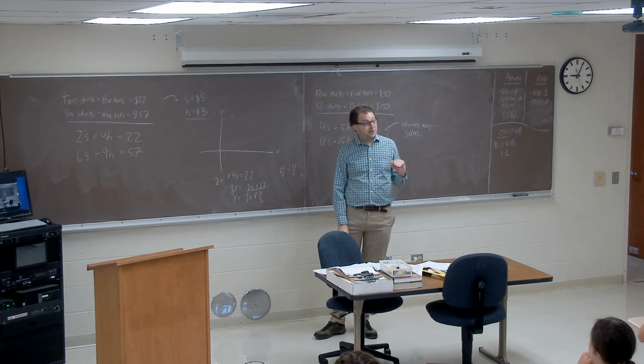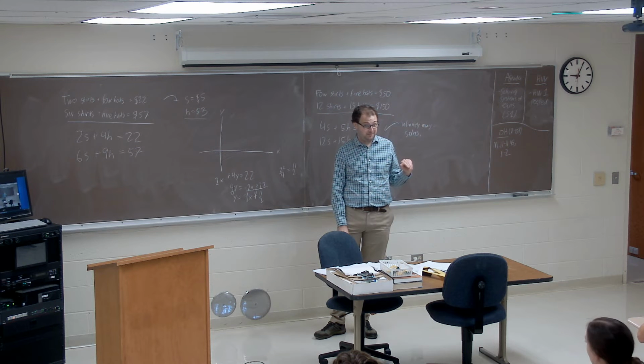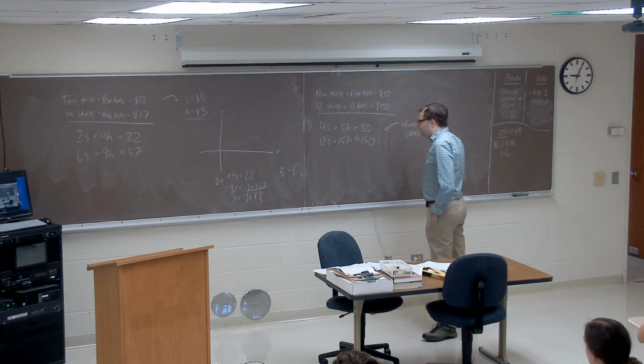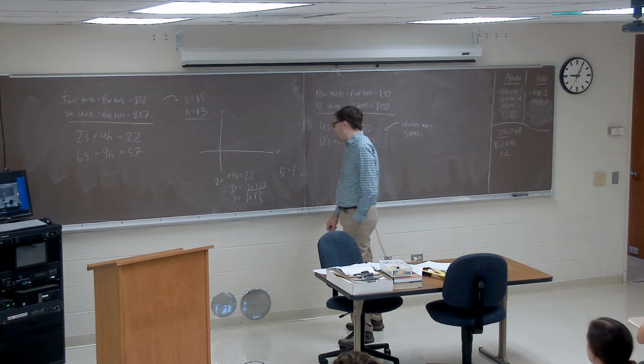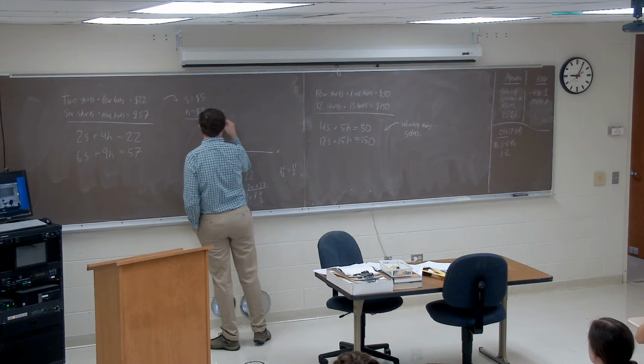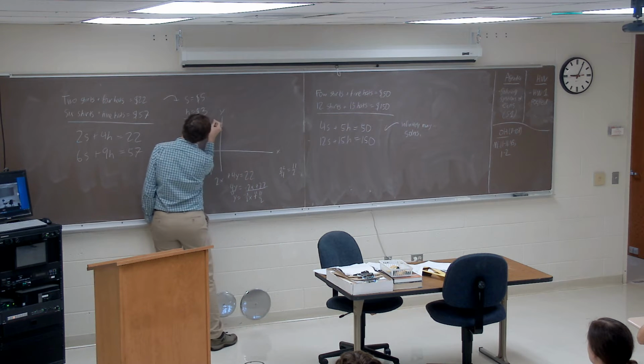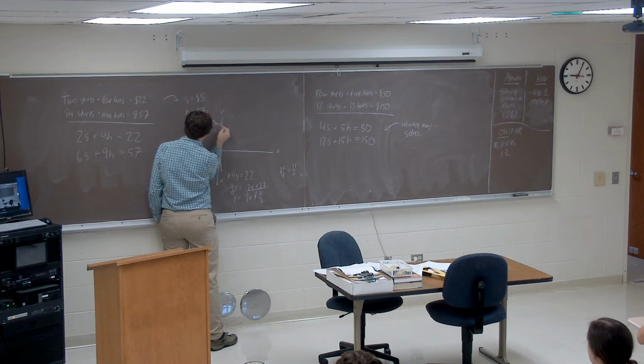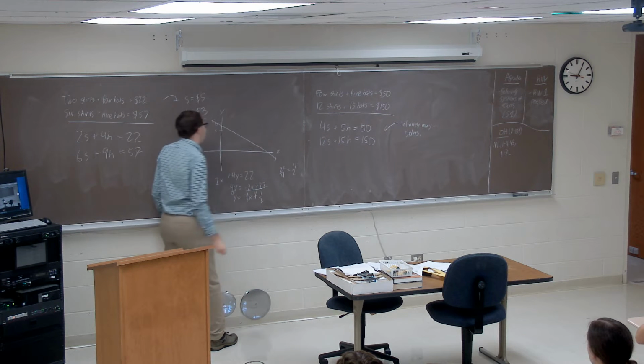It's good that you're questioning my arithmetic, because I assure you I will make those sorts of mistakes. So if we graph y equals negative 1/2 x plus 11 halves, 11 halves is about 5.5. So if that's our y-intercept, and we have a slope of negative 1/2, we'll get a line that looks something like that.